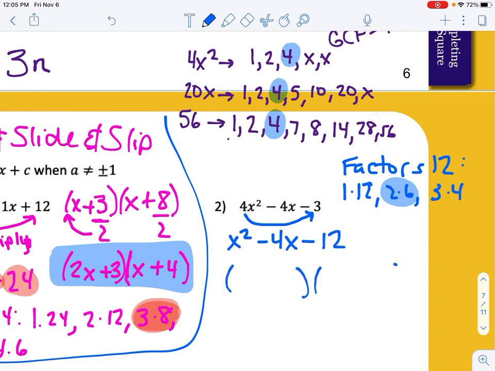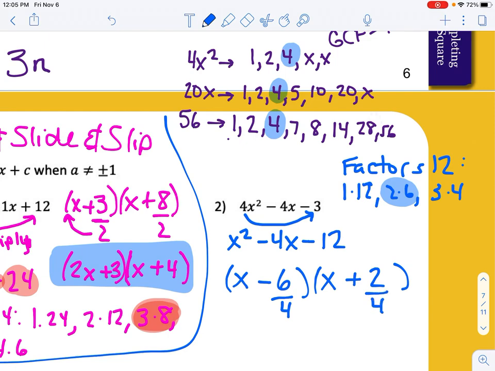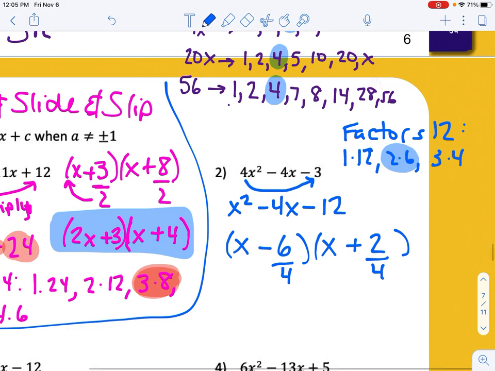So we go ahead and put these in parentheses sets, and we say that 6 has to be negative and 2 must be positive. From here, so far we have found the factorization of this guy. Those 2 are equivalent. We want to find the factorization of this guy, which means we need to slide the 4 back under each of these. From here, reduce these.